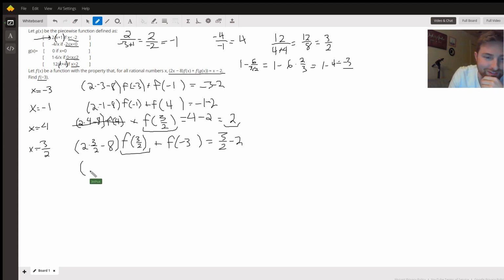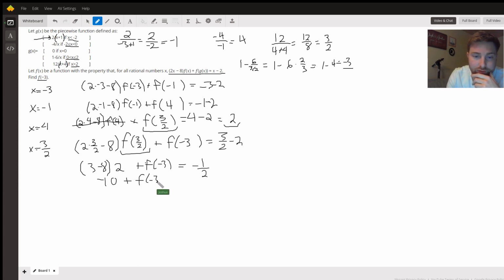Let's simplify this then. We have 3 minus 8, times 2, plus f of negative 3, equals 3 halves minus 2, that's 1.5 minus 2, which is negative 1/2. 3 minus 8 is negative 5, and negative 5 times 2 is negative 10.